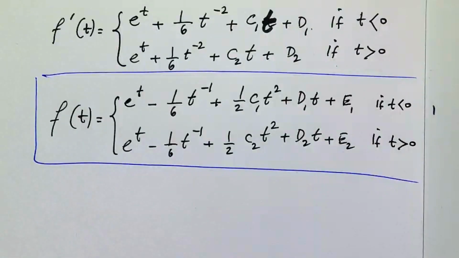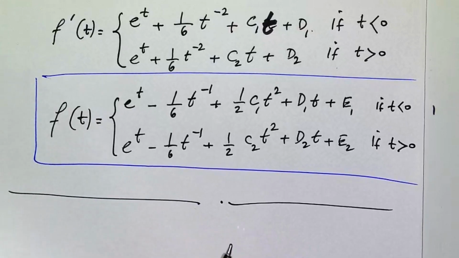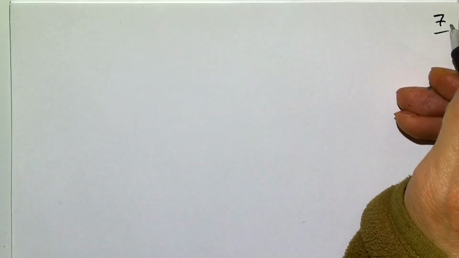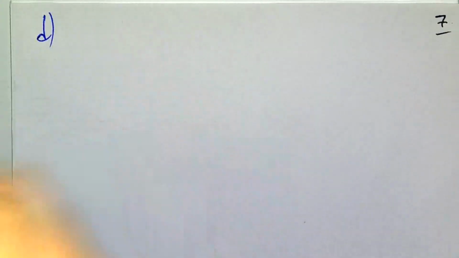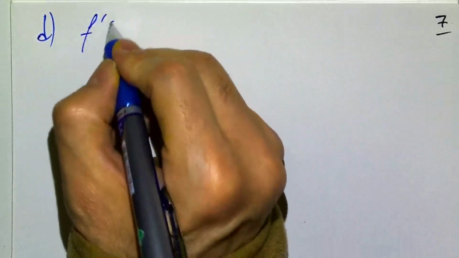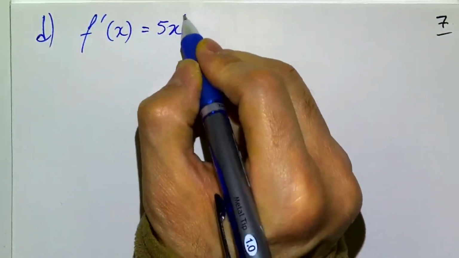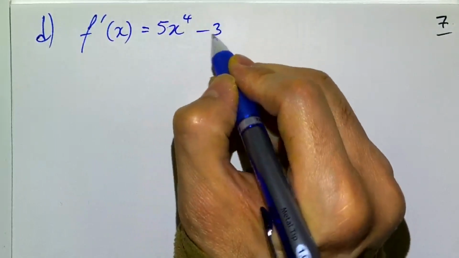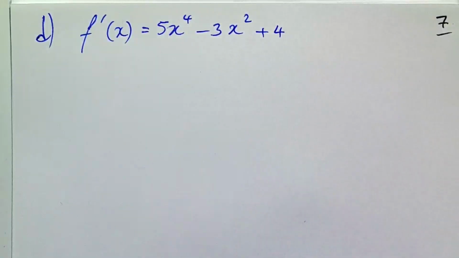All right, so let's do another example here. So suppose we want to find the antiderivative of 5x to the 4 minus 3x squared plus 4.